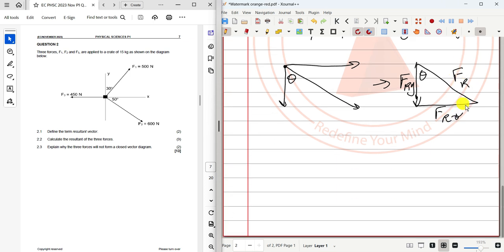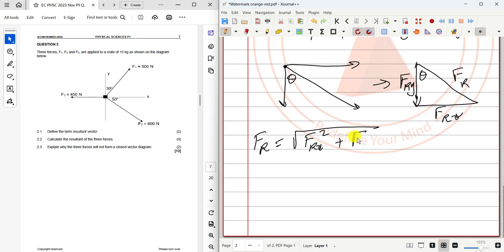Now what we are going to do, they said the resultant. They didn't say magnitude or whatever. They said the resultant. Knowing that this is a force, it is a vector quantity, we need magnitude and direction. So the resultant will be, by Pythagoras theorem, FRX squared plus FRY squared, isn't it?